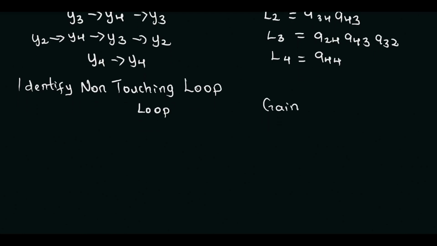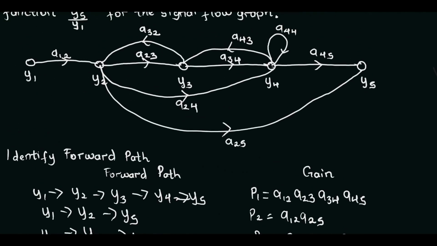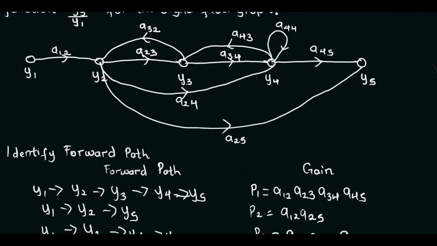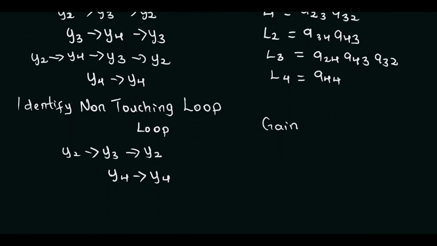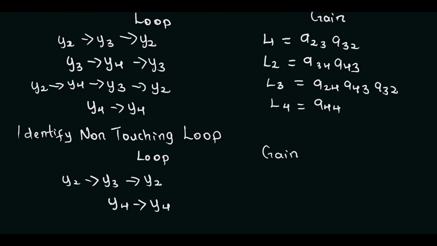For your non-touching loops, you have Y2, Y3, back to Y2, and you have your Y4. Let's check that: Y2, Y3, then Y2. So your loop L1 equals A23, A32, and L4 equals A44.